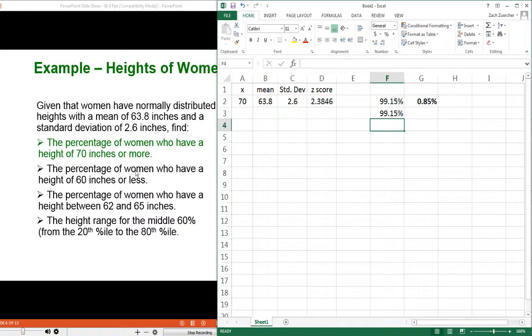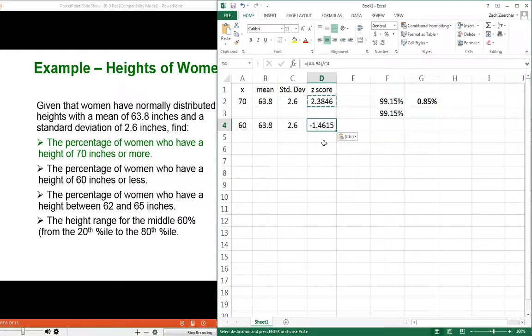We want to figure out the percentage of women who have a height of 60 inches or less. So in this case, we're looking for 60 inches, and again, the mean is 63.8. The standard deviation is 2.6, and we could just copy this function down and calculate the z-score.